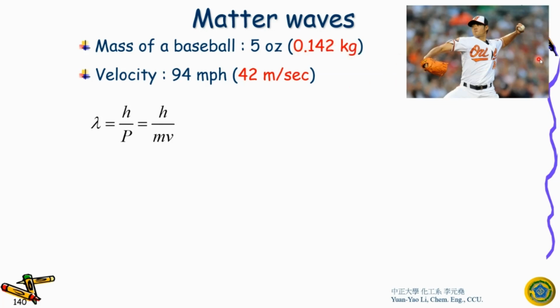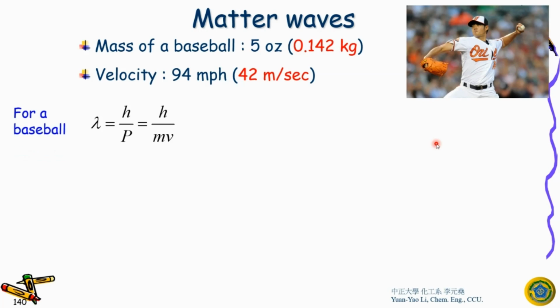And the speed the player can throw can be like 90 or 100 miles per hour, which is about, let's say, 94 miles per hour, which is 42 meters per second. Let's put the numbers into this equation and find out the wavelength of this ball.